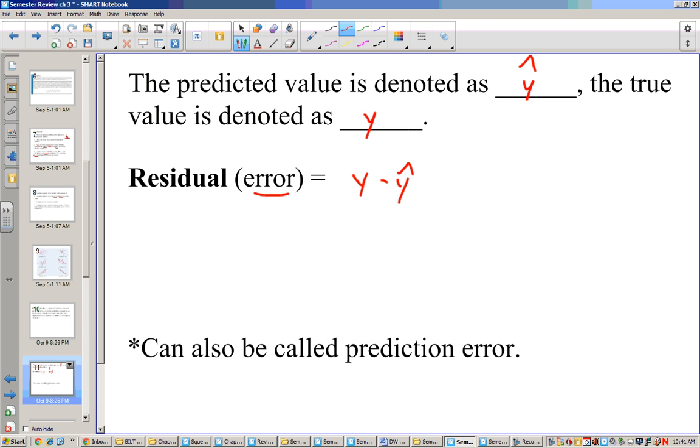And a residual is just the error. So when we have a scatter plot and I draw a line like this, the residual is the difference vertically between that point and the line. So you take your y value and subtract out what we would have predicted it to be with the line.